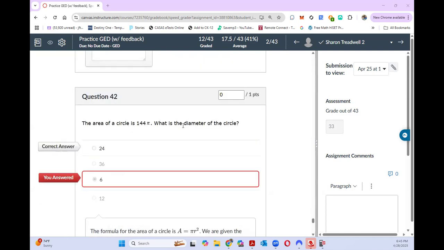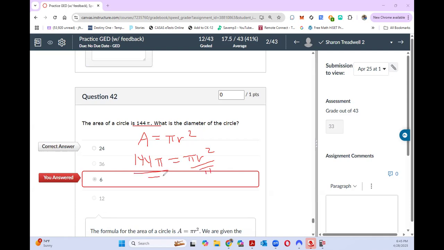I already know what I did wrong here. It's 24. I know what I did wrong, because area equals pi r squared. We know the area, they already gave it to us, is 144 pi, equals pi r squared. If I want to get the r squared by itself, I've got to divide by pi.